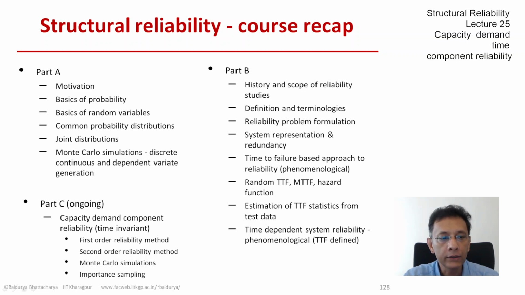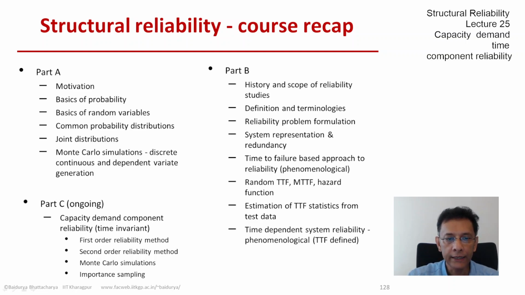Under that, we have already seen the first order reliability method to compute the reliability of the component, the second order reliability method, Monte Carlo simulations to compute failure probabilities, and importance sampling as one of the variance reduction techniques. So today we bring in the time aspect explicitly in the capacity, demand, component reliability problem.